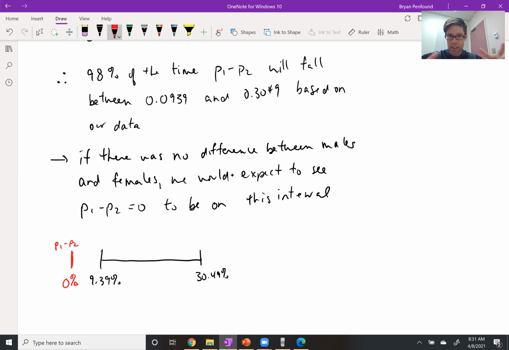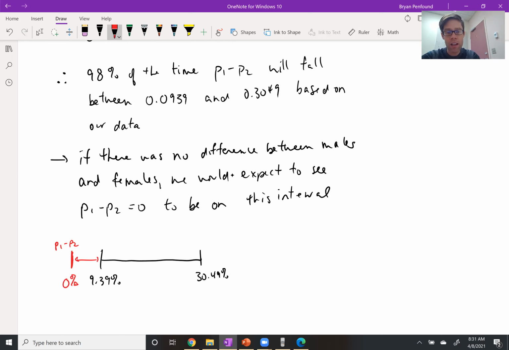So we've created this, and it's a really big interval too. It's a 98% confidence interval. The fact that 0 doesn't fall inside of this confidence interval is pretty suspect because it's a really large confidence interval. And it's not just that it doesn't fall in the interval. Look how far away it is from the interval too.